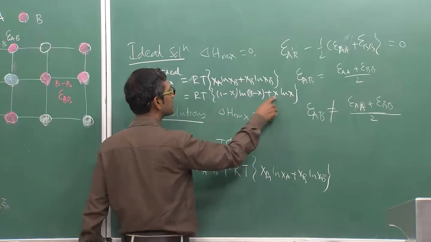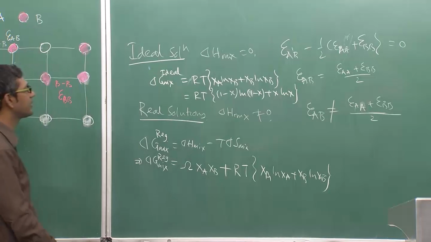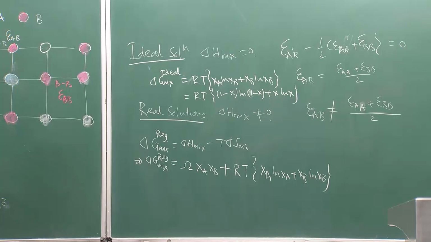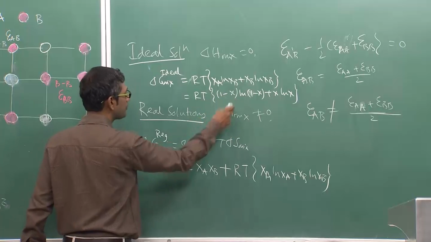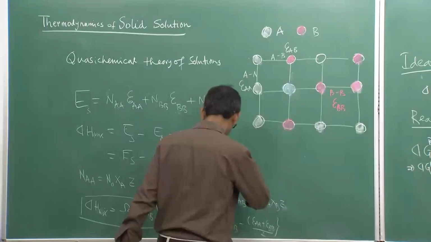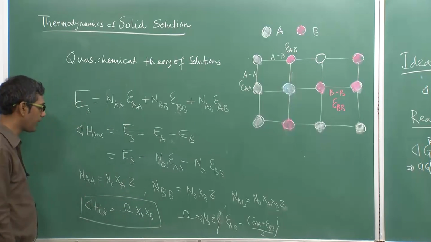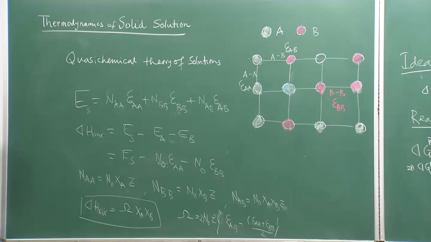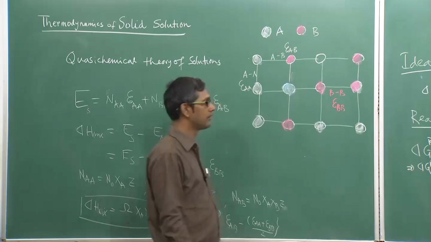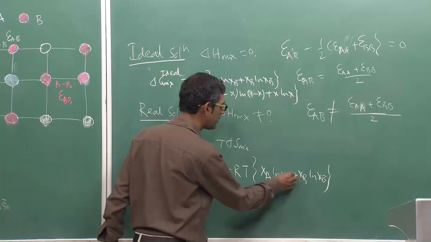Because if we assume X as the mole fraction of B, then 1 minus X will be the mole fraction of A, as XA plus XB equals 1. So this changeover is basically to facilitate your understanding, so that these two parameters, the mole fractions of A and B, XA and XB, must be visible separately so that you do not forget it. That is why I made the changeover.